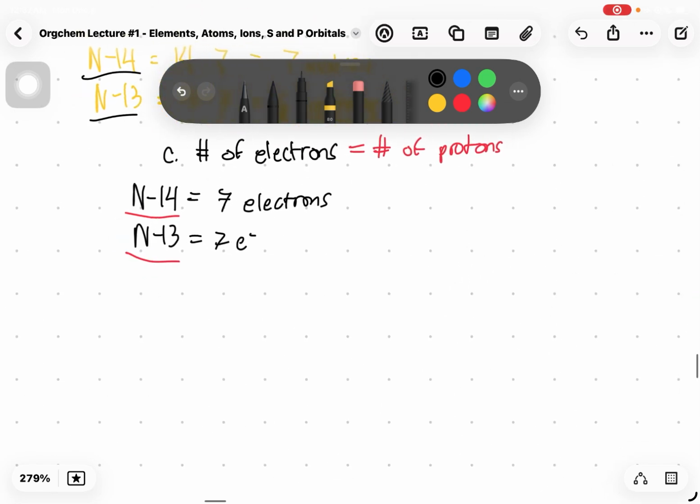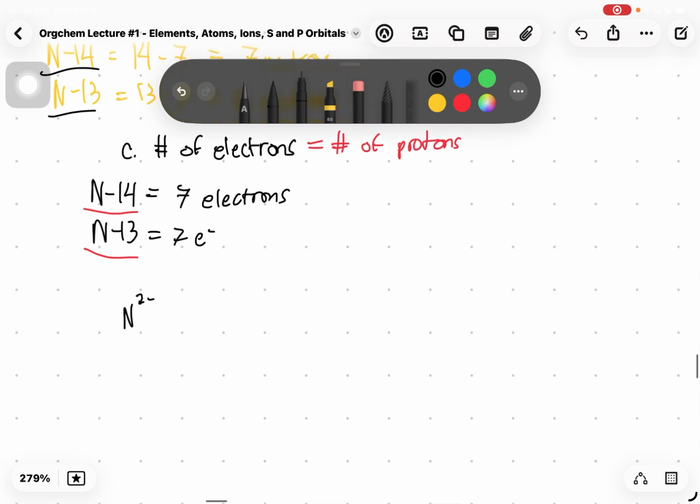If it were to be charged though, let's say you have N2 minus. When you see a negative number on the charge, assume that's the number of electrons you have to add, because adding electrons adds a negative charge. So if this were to have 7 electrons in its neutral state, adding 2 more would turn it into 9 electrons.